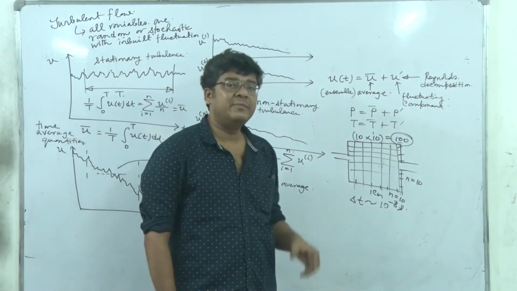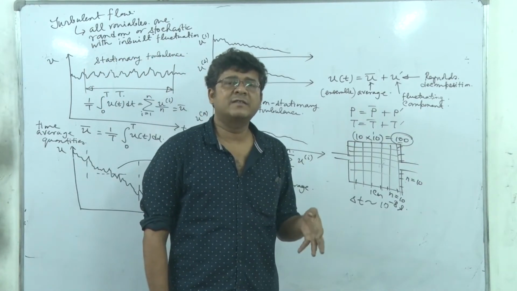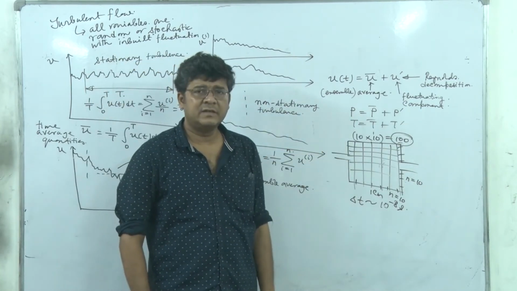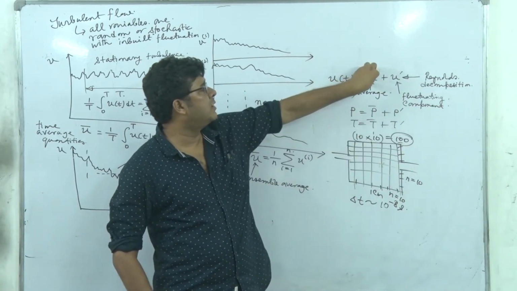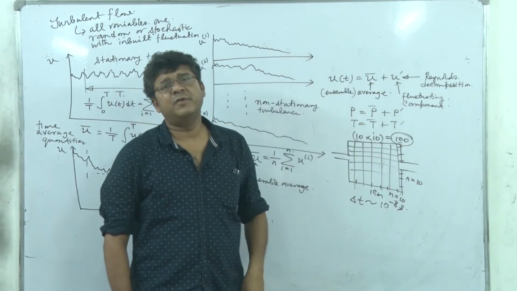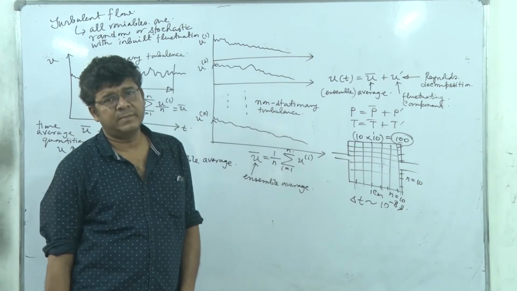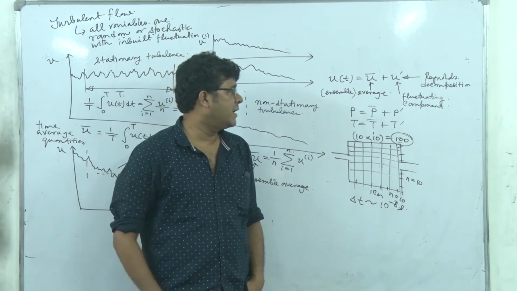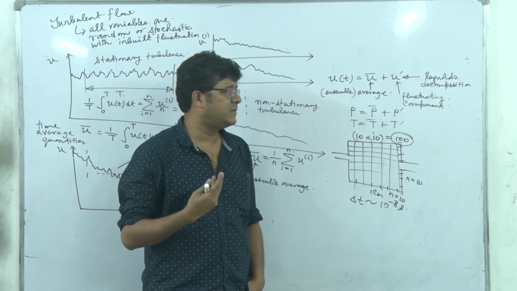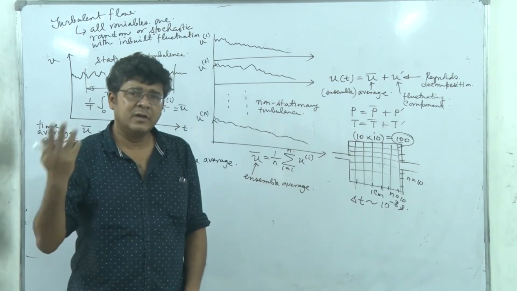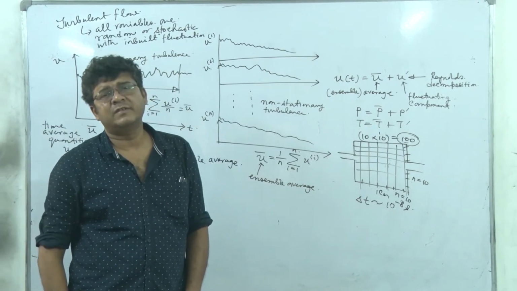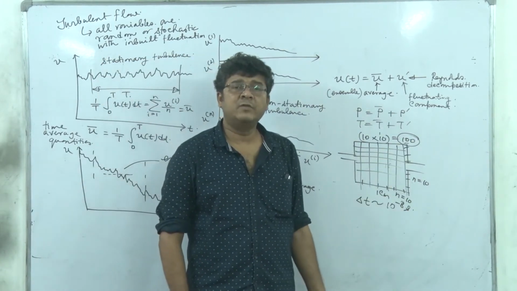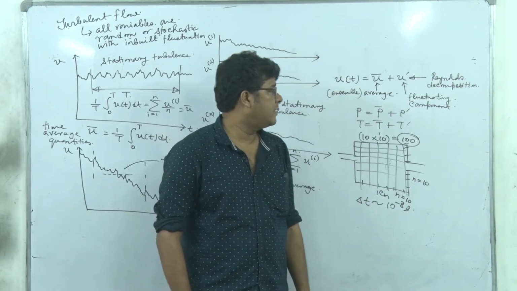However, from the standpoint of engineering, we have to ask ourselves whether we are interested in the instantaneous quantities. Actually no, we are interested in the mean quantities. So if we can average the Navier-Stokes equation using this Reynolds decomposition technique, we will get an equation which is much easier to solve, and there the delta t we can consider in the order of say 0.1 second or 0.2 second, right?